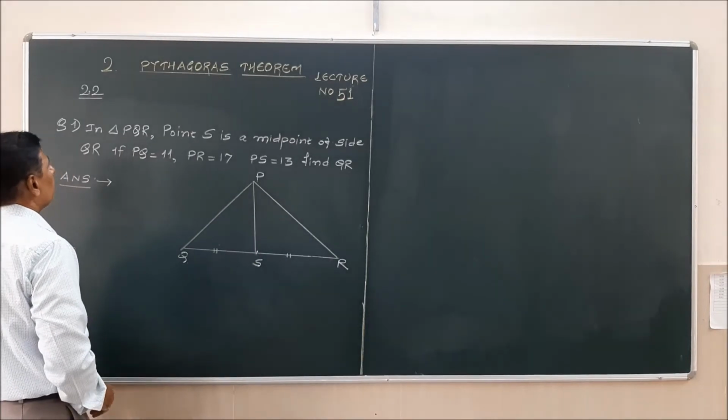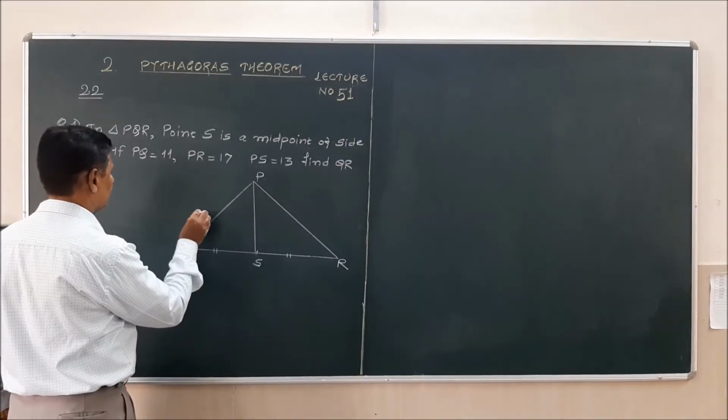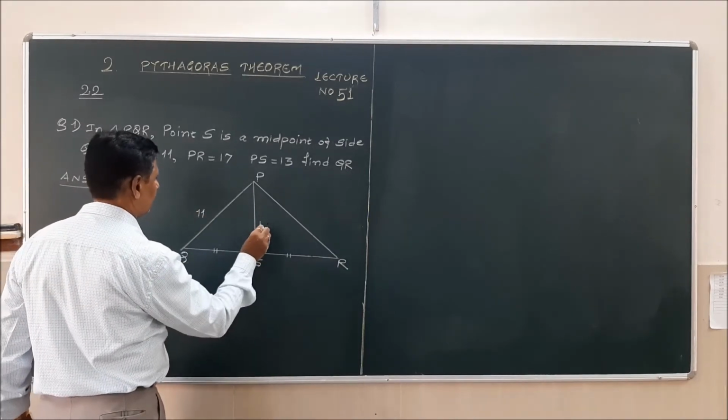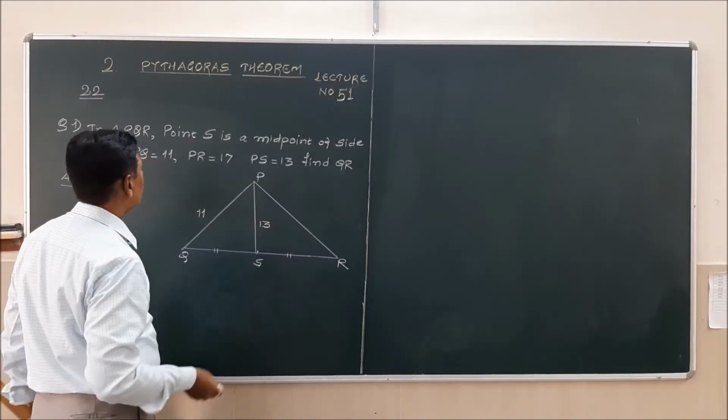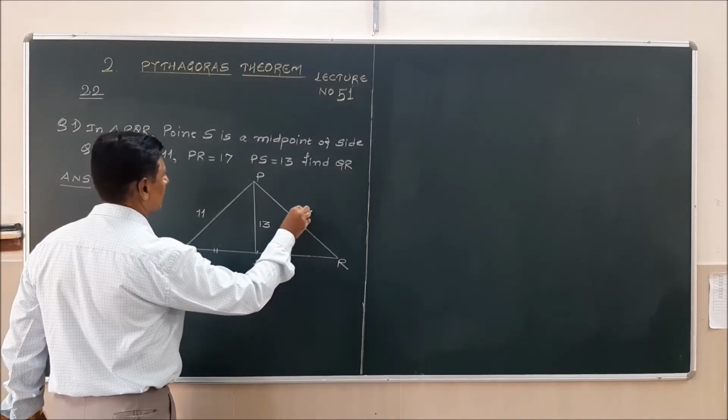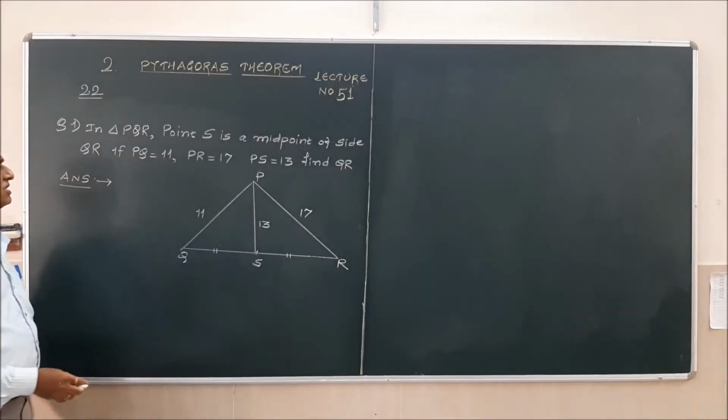Then you'll find PQ is 11, PS is given as 13, PR is 17. The question is to find out QR.